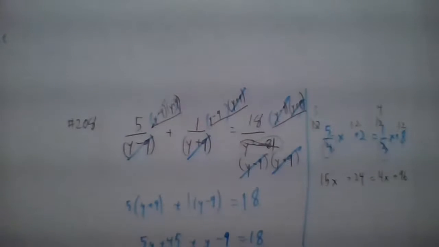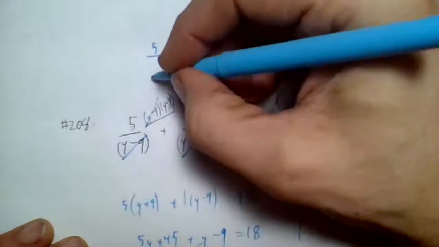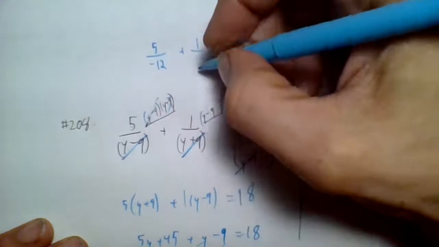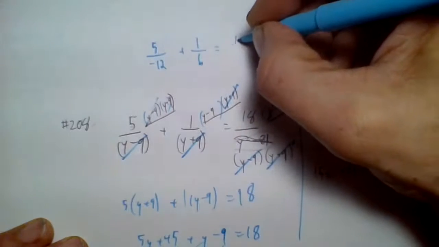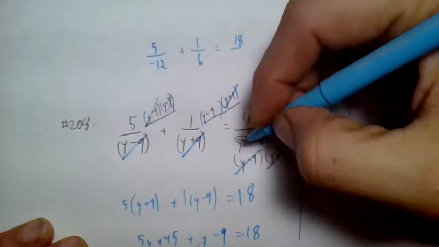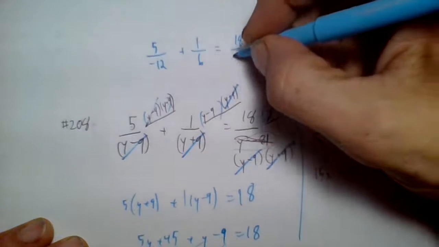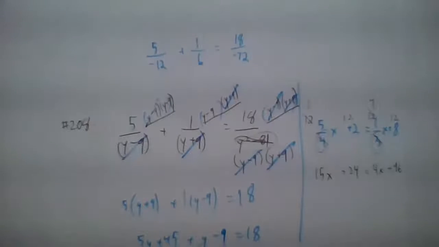You can actually check it in the original if you want to do some calculations. This is 5 over -3 minus 9. And this is 1 over -3 plus 9. And it's supposed to come out to 18 over -3 squared minus 81, which is -72. Now, that's not real easy to check right there.